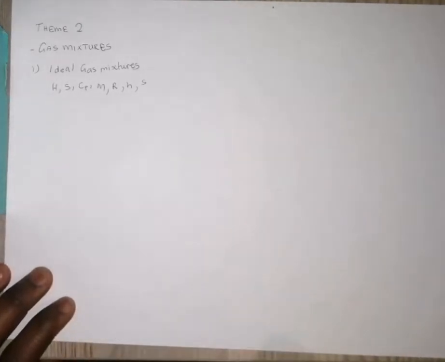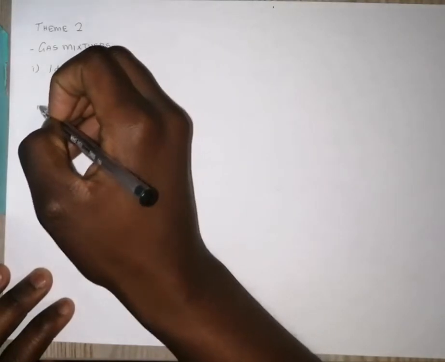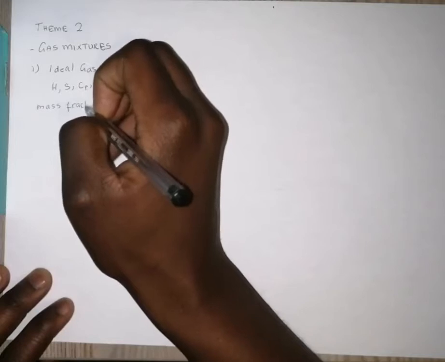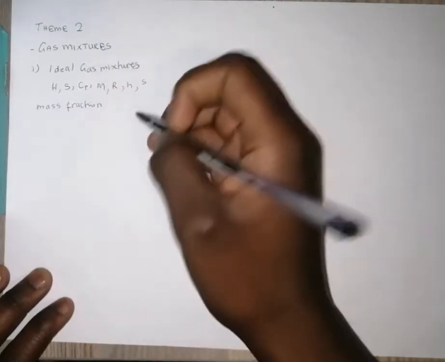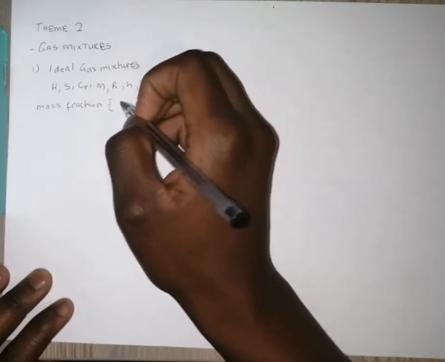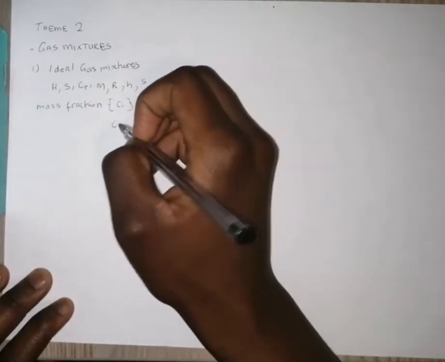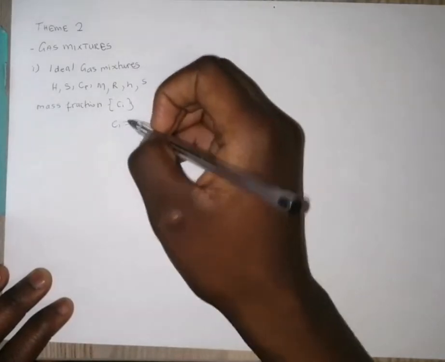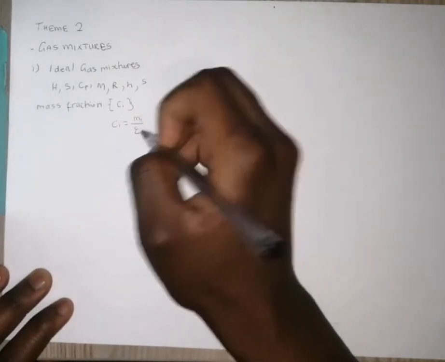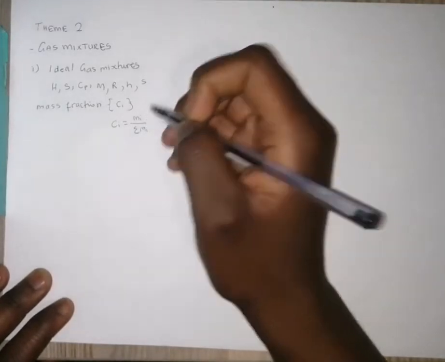The first one will be the mass fraction. The mass fraction is denoted by Ci, and the formula for the mass fraction is Ci is equal to Mi over the total mass.